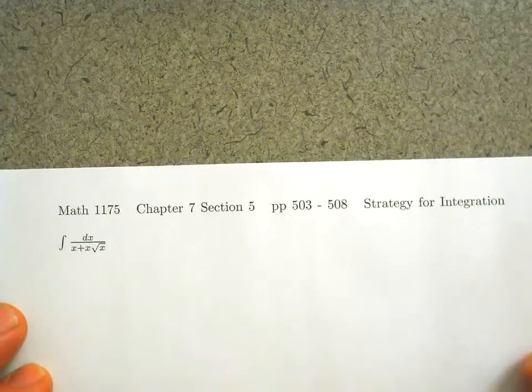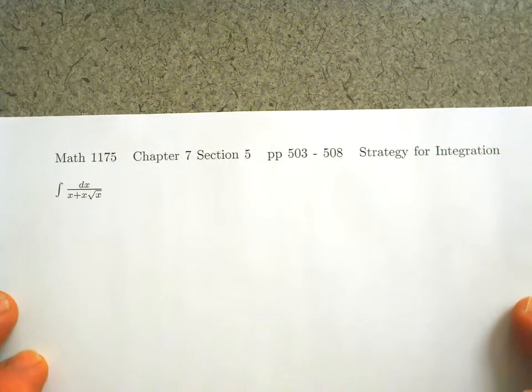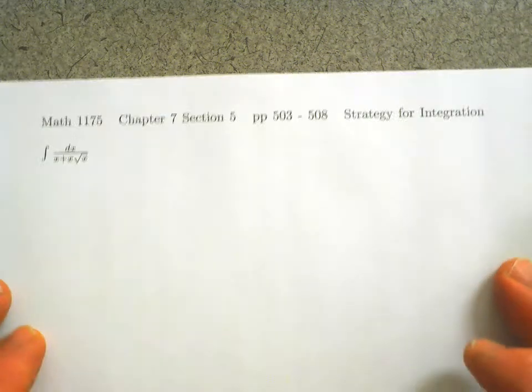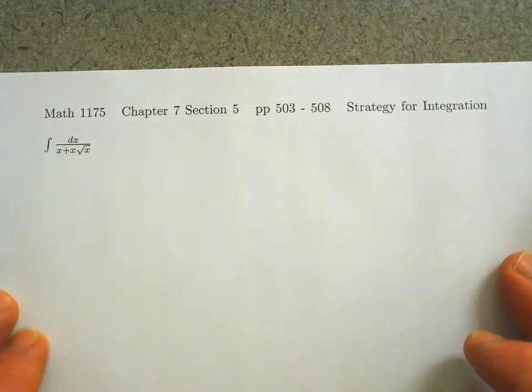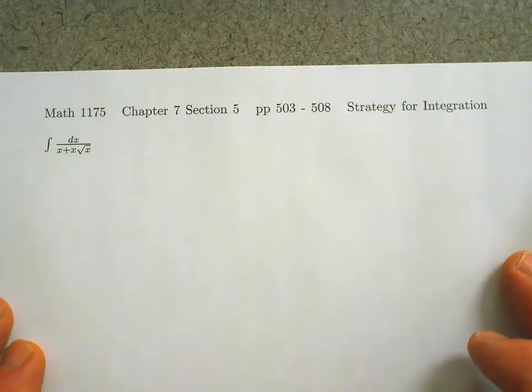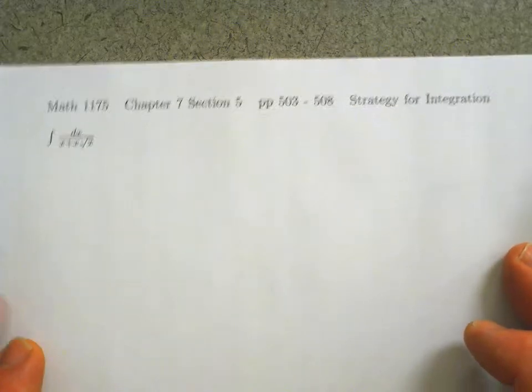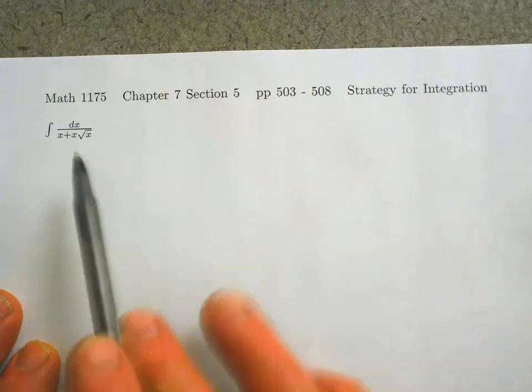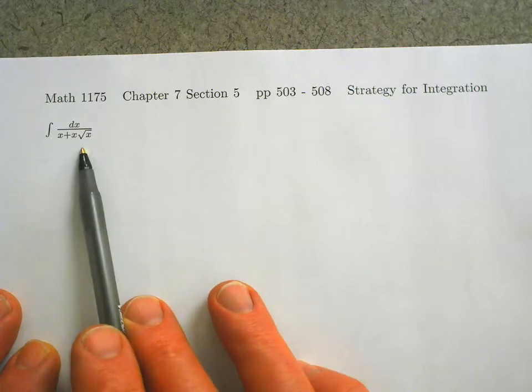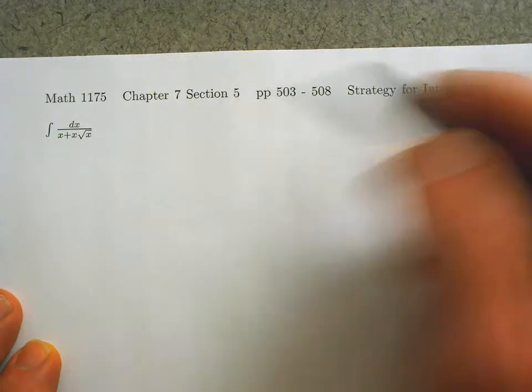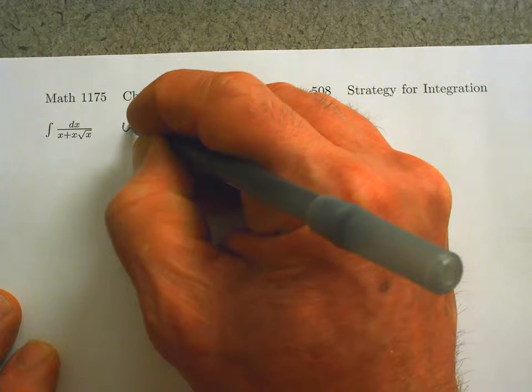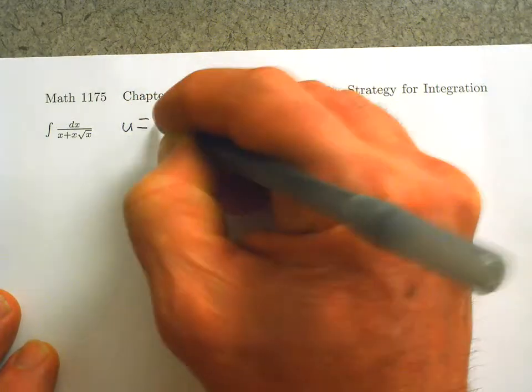Okay, so here is our first example. The indefinite integral of dx over x plus x times the square root of x. Since we have a square root of x in the denominator, I'm going to assign u to be the square root of x.